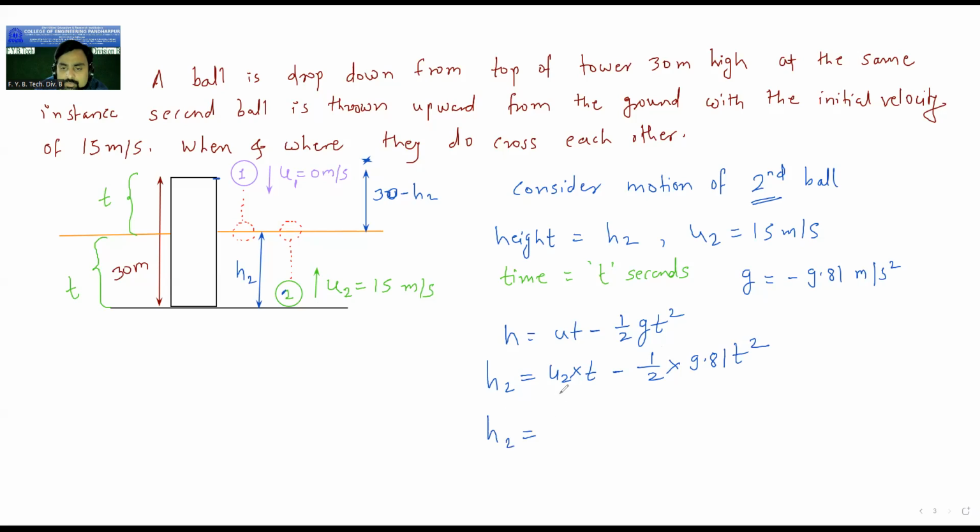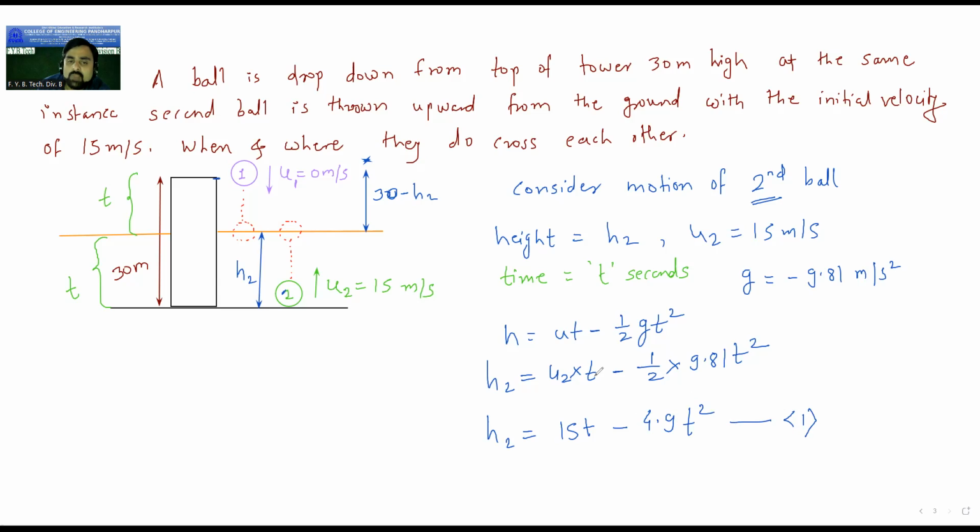So h2 is equal to u2, what is the value of u2? It is 15t minus 9.81 by 2. किती येते हे? 4.90. 4.9 t square. So let us say that this is our equation number 1.